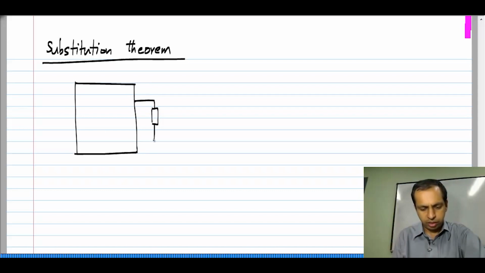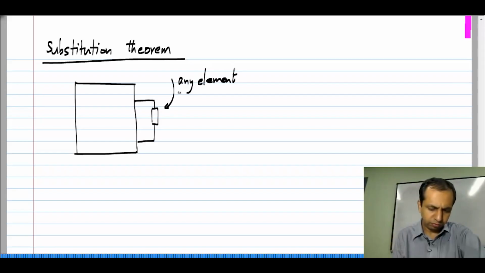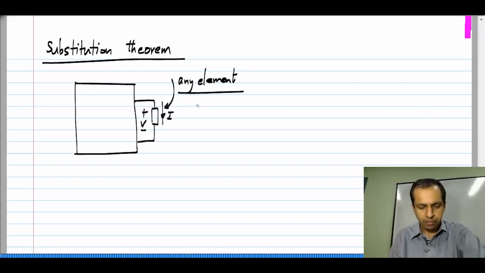Again, this element could be nonlinear as well. And let us say it has some voltage V across it and some current I through it.